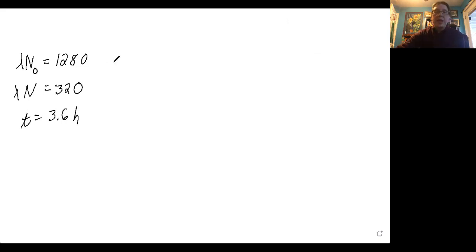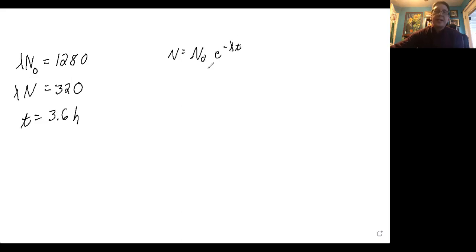Well, we can figure out lambda. So going back to the equation, we have n is equal to n naught e to the negative lambda t.